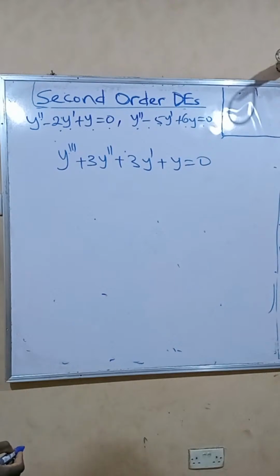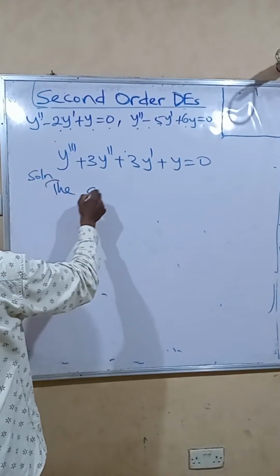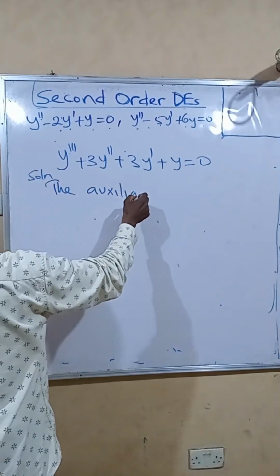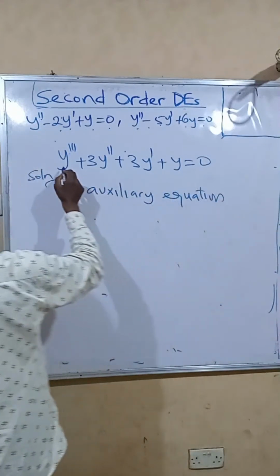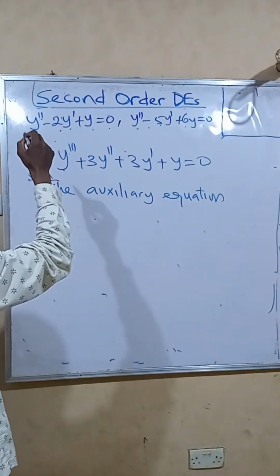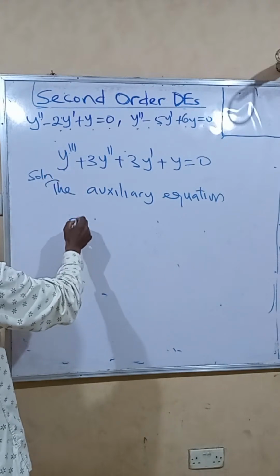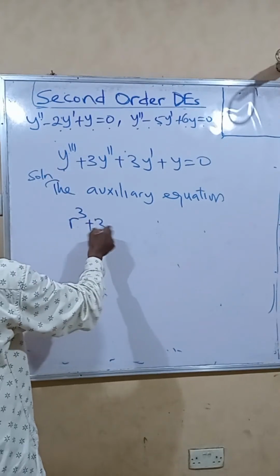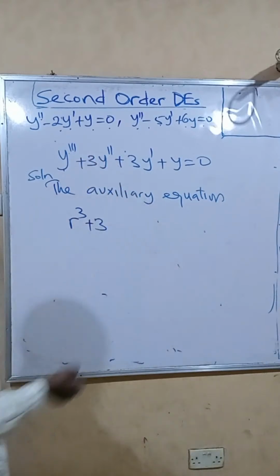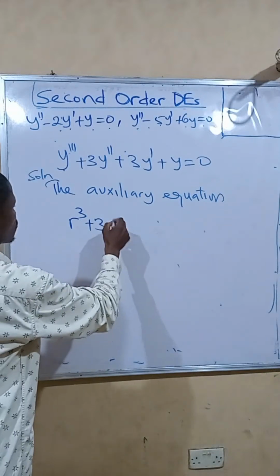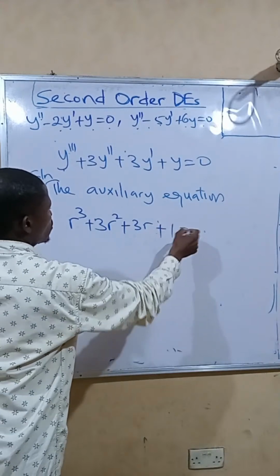Okay. So the auxiliary equation is going to be what? The third differential will be R cube, plus 3 times the second differential, that will be 3r squared plus 3r plus 1 equal to what? 0.